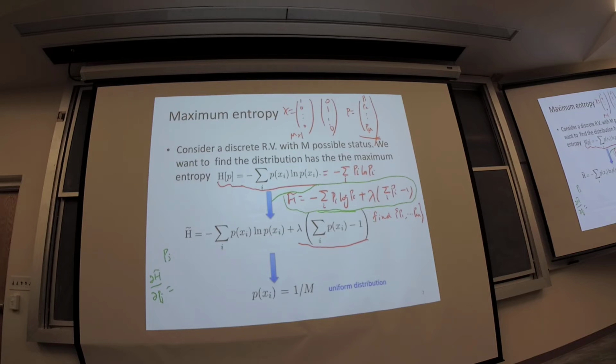Because it's a summation over all the elements, you just need to take the i equals j term: the partial derivative of Pj logarithm of Pj over Pj, plus, for the constraint part, the coefficient lambda.